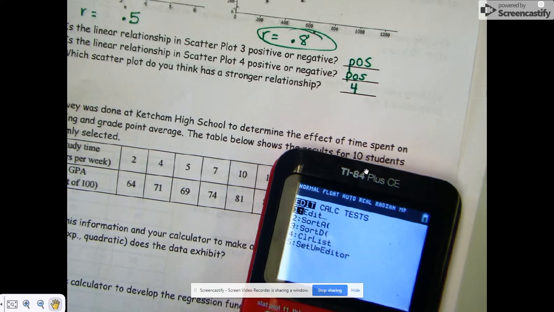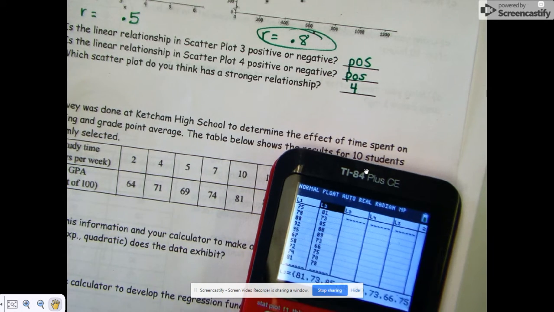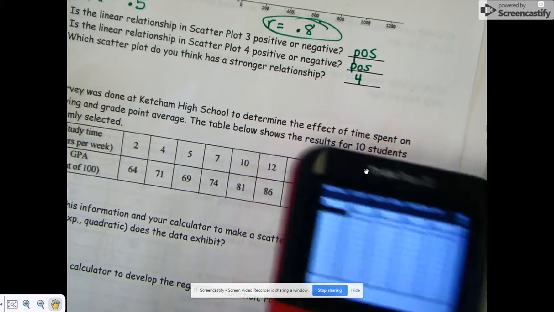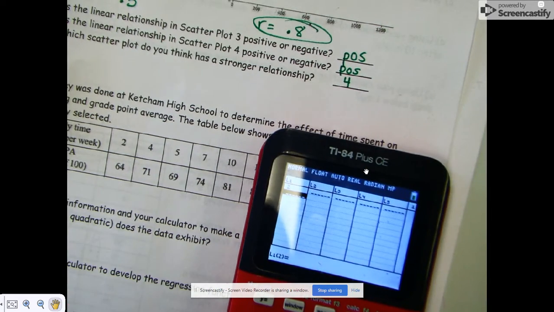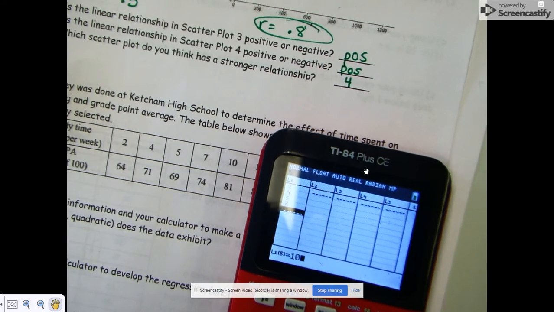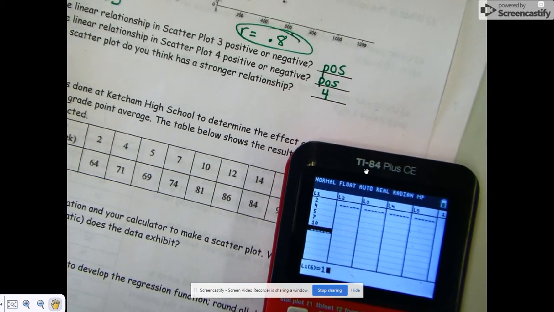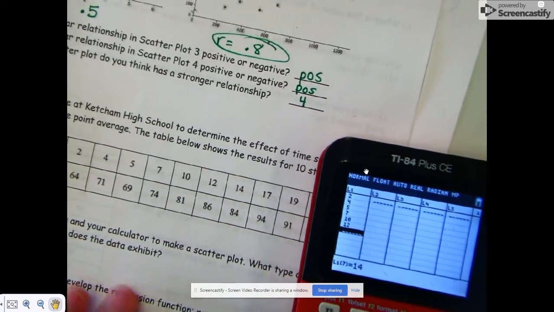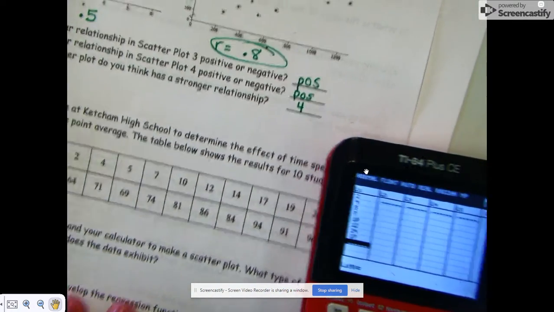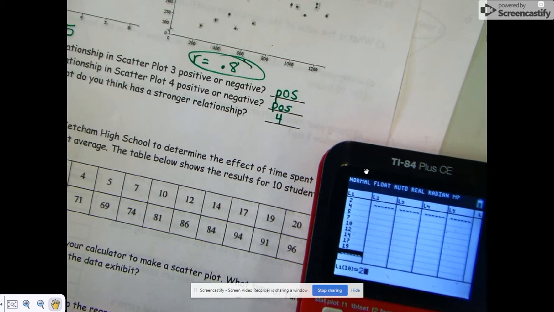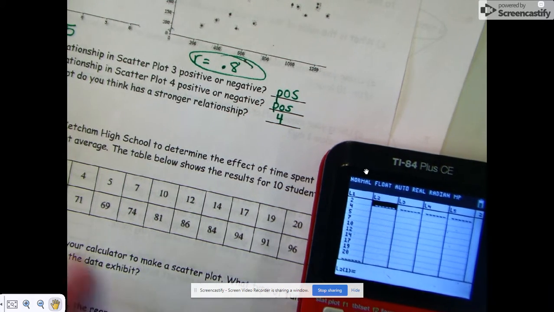Go to Stat Edit and enter this data in your calculator, just as we've been doing the past couple days. Take a minute and enter that in there real quick. That's 10 data points.